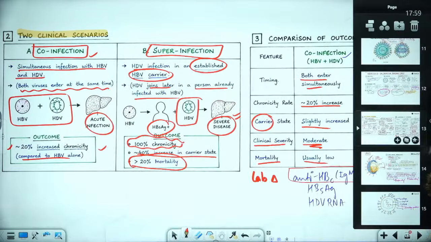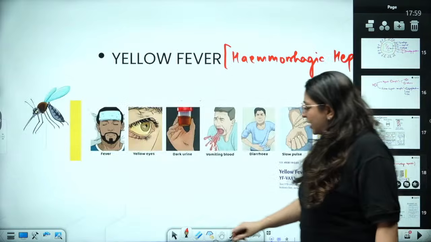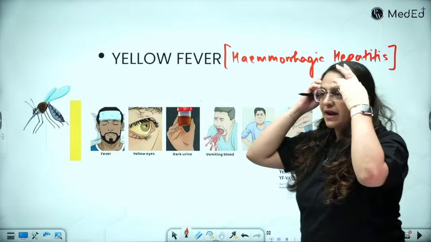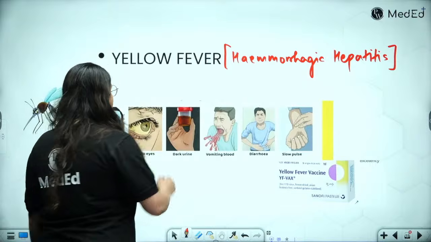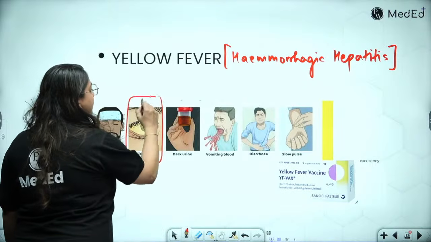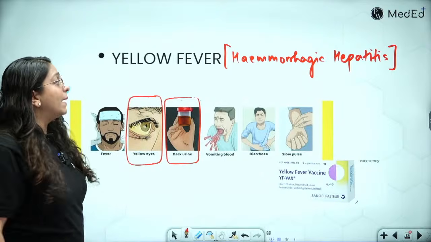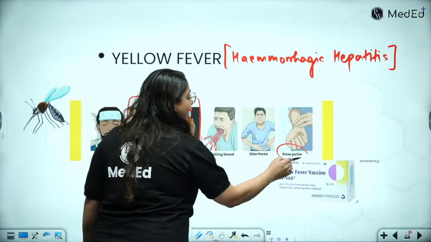So we are done with the hepatitis viruses. Now we need to talk about yellow fever. Like I said, it is hemorrhagic hepatitis. So there are all the signs of hepatitis. What are the signs? The yellow eyes, which is the icterus, the dark urine. Then hemorrhages. When hemorrhages happen, there will be vomiting blood, diarrhea and slow pulse.